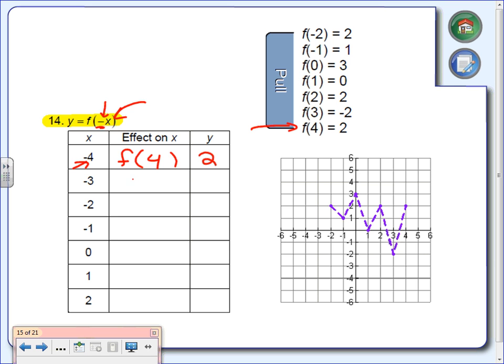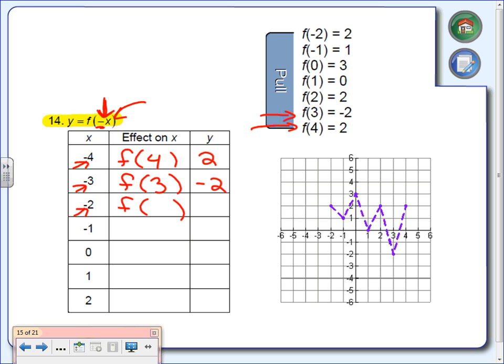Let's try that again. This negative sign times this -3. Negative times negative makes this a +3. And if you look at the chart over there, f of 3 is equal to a negative 2. Next one. This negative sign times that negative 2.